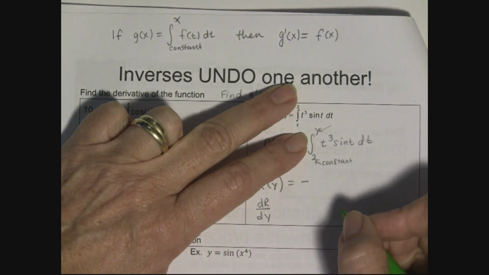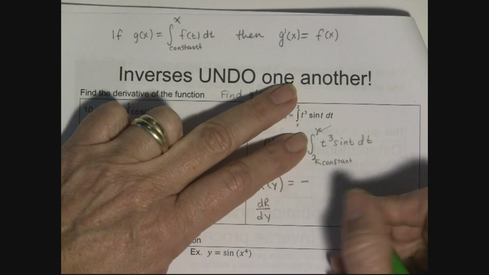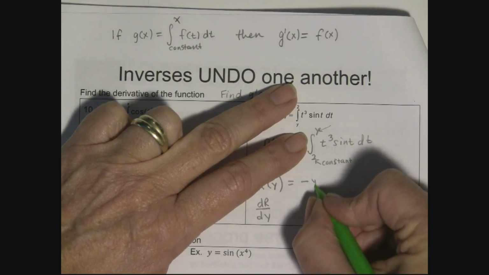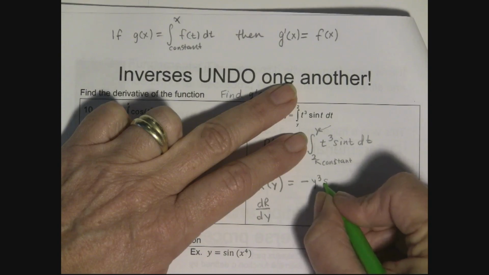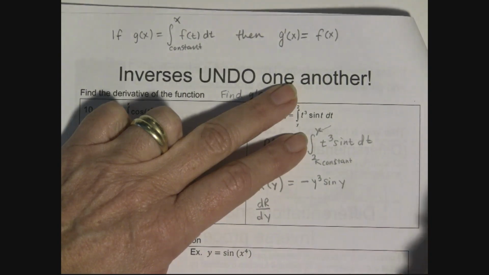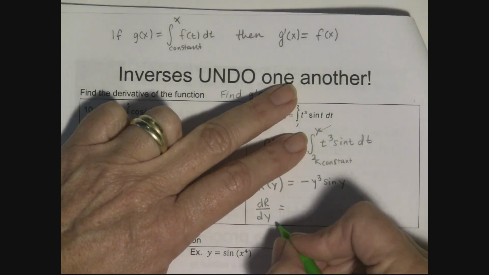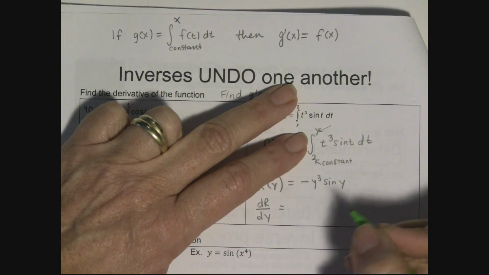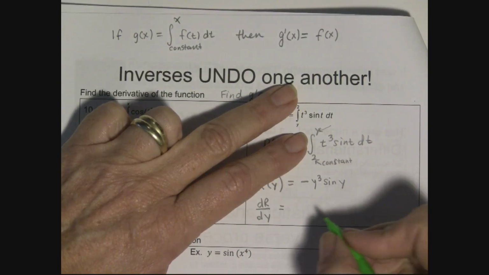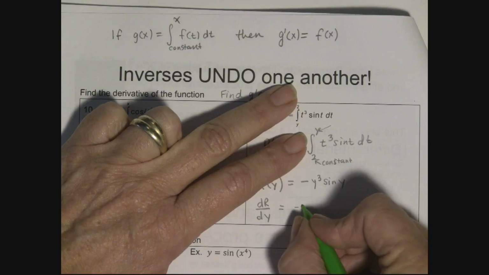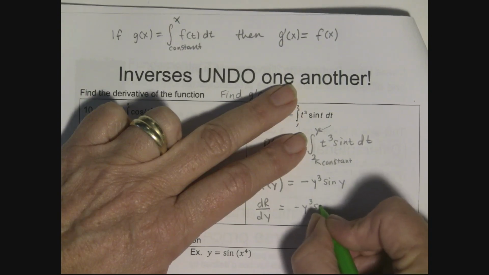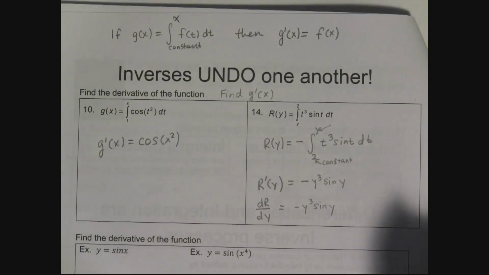It's the input into t. So this would be y to the third sine of y. And that's it. And of course, if you wanted to use the notation dr dy, also know that they could ask you to find dr dy, right? And that would have been this, minus y to the third sine of y.